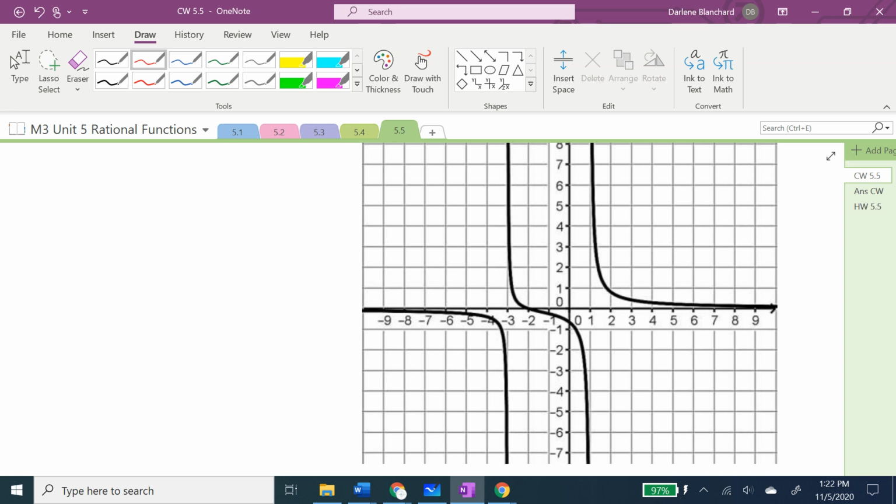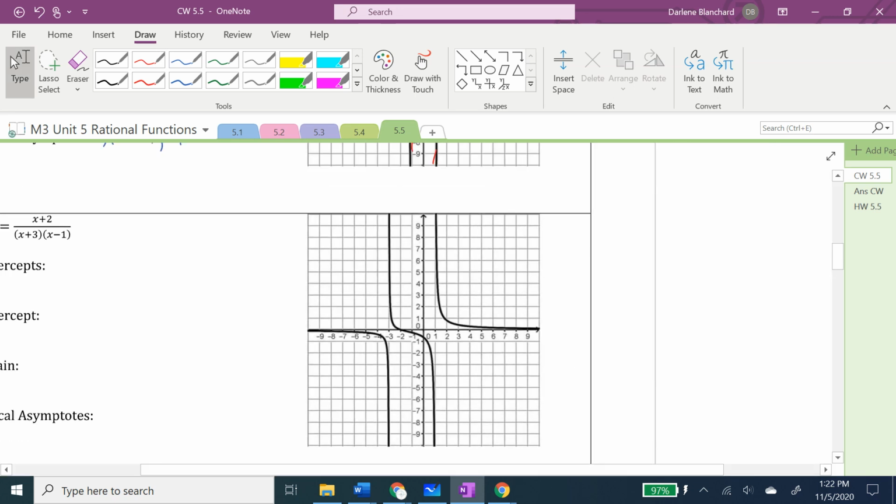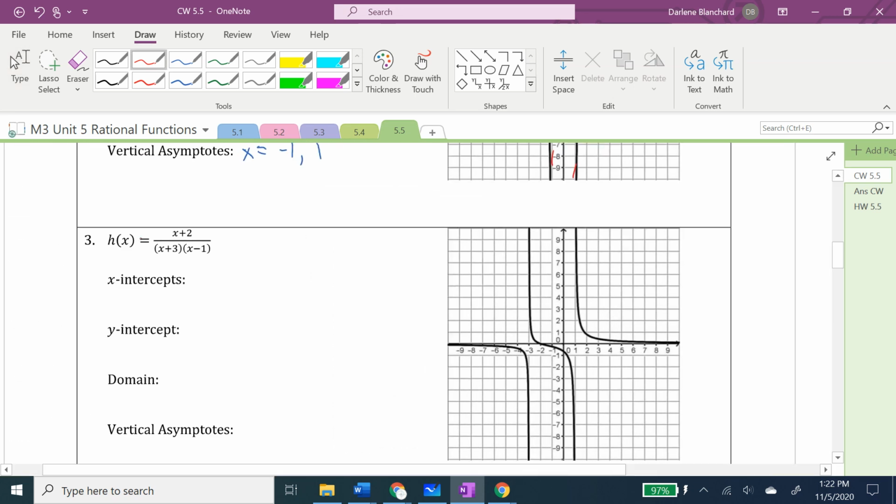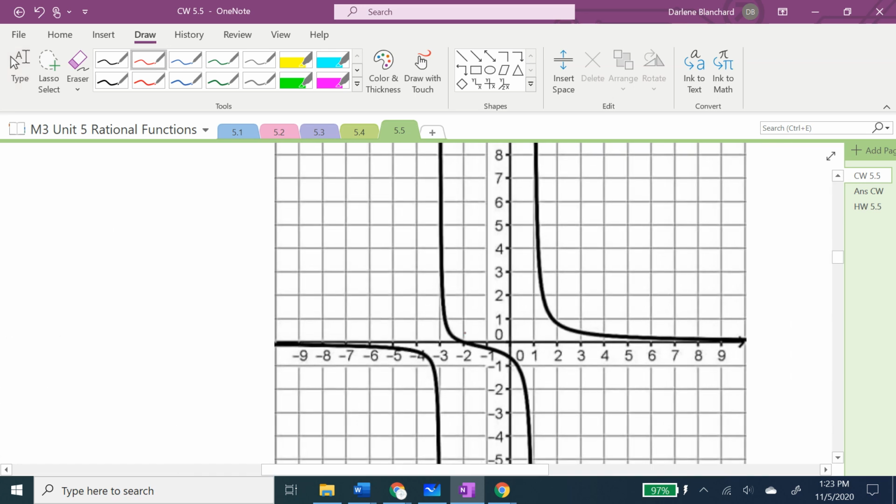What I'm trying to do is have you work with an equation and a graph and see the strengths and weaknesses of working with each one. And also kind of getting used to matching them up. So when I look at the graph, it looks like -2 is an x-intercept.